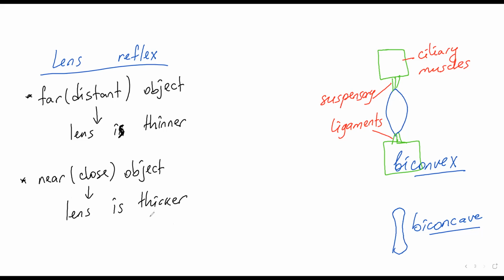Maybe you know from physics, if you learned optics, thick lenses take light to the close, and thin lenses move it away according to the distances. And these two processes together are known as accommodation, guys. They have a specific name. The lens reflex is also known as accommodation. So this is our second reflex.